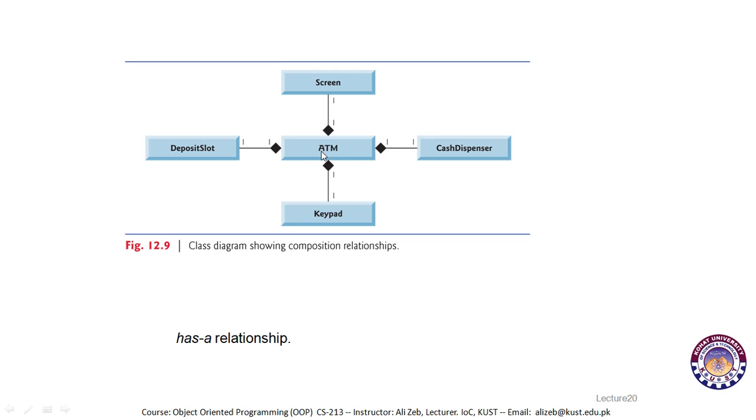Now the ATM will have a screen, the ATM will have a cash dispenser, the ATM will have a deposit slot, and the ATM will have a keypad, and all of these are shown by this class diagram. So this is where the class diagram can help us.